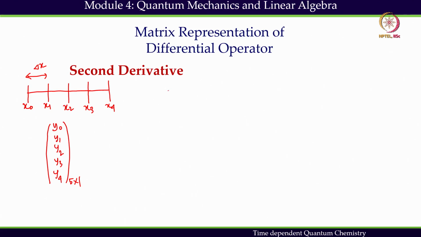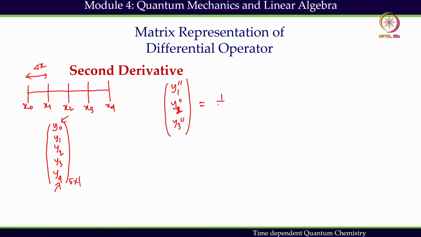According to the previous discussion, I will get the derivative only at 3 different points, y1, y2 and y3. At the first point and at the last point I will not get the second derivative, because I do not have the data point which is required to calculate that derivative.